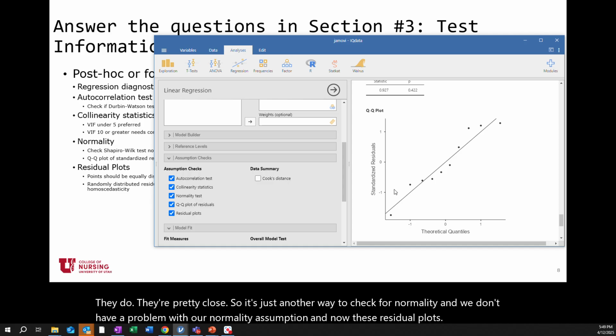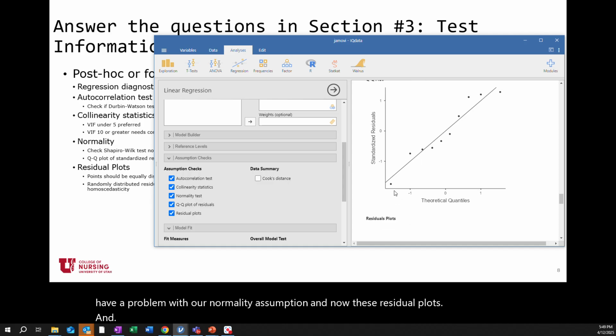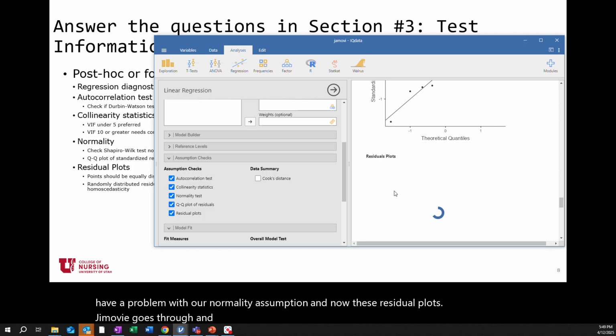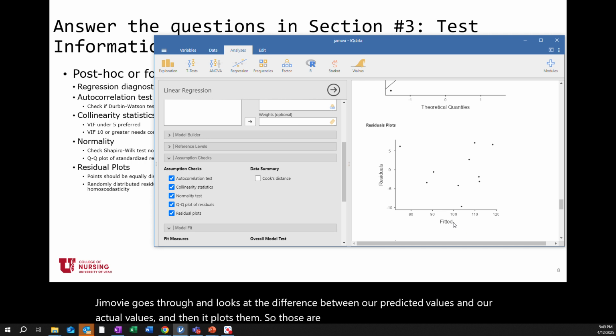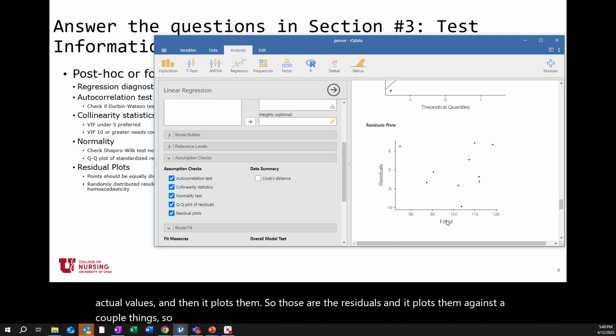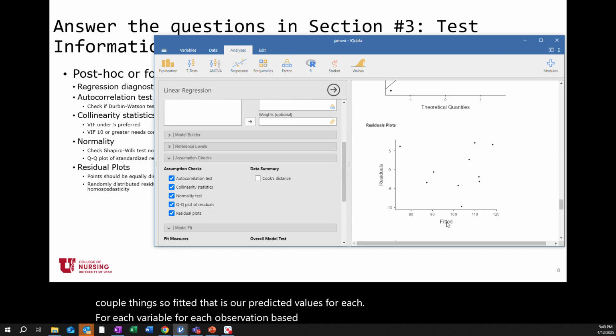And now these residual plots. Jamovi goes through and looks at the difference between our predicted values and our actual values, and then it plots them. So those are the residuals, and it plots them against a couple things. So fitted, that is our predicted values for each observation, based on the prediction equation that we looked at.